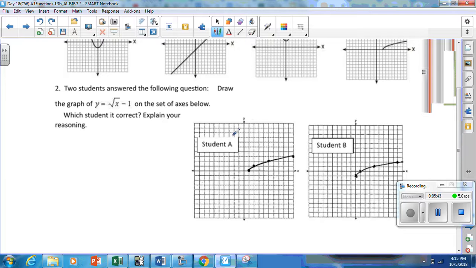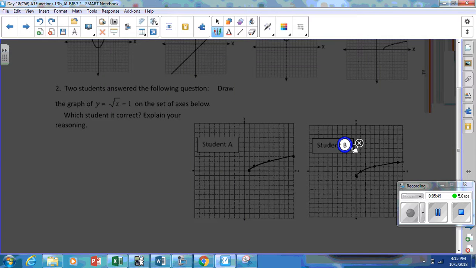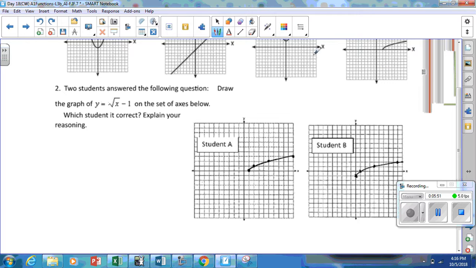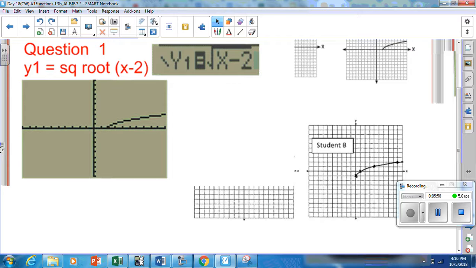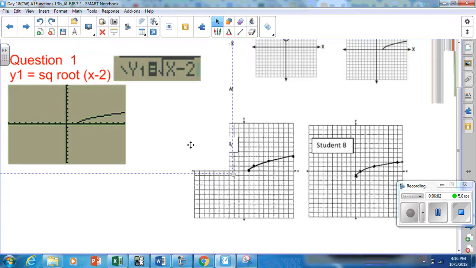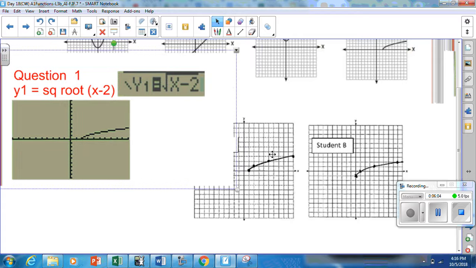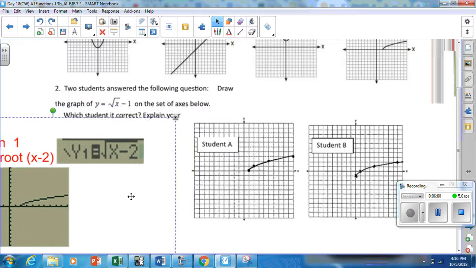But how many people think it's A? How many people might think it's B? Well, that's the point of the video, for us to talk about it. When we graph it, guys, we see that the graph mirrors that of A, not B.